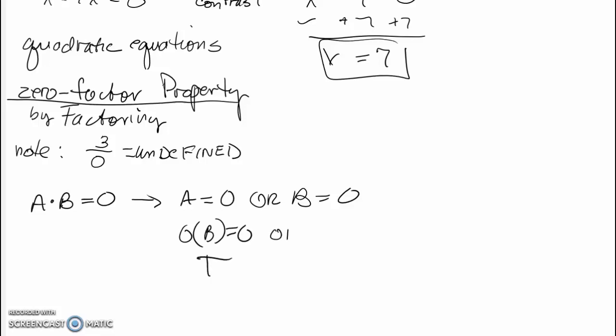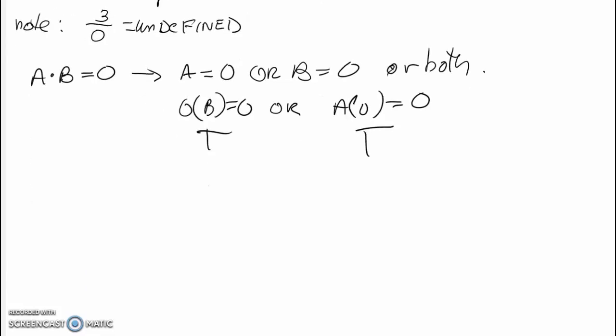Or we can have a times 0, which is 0, and that is still true. But now a or b, or both, can be 0. So if you have a product equal to 0, it's very easy to solve for a or for b.